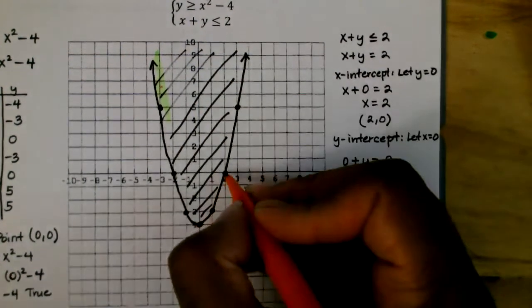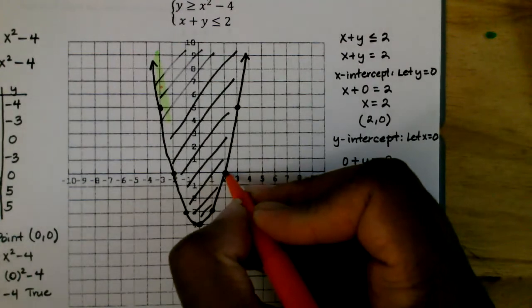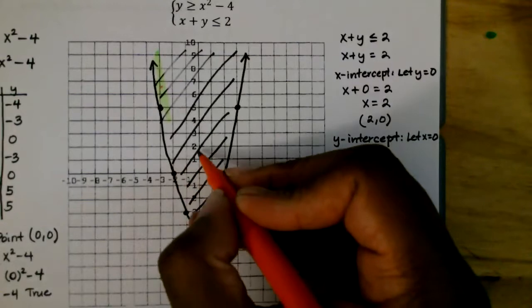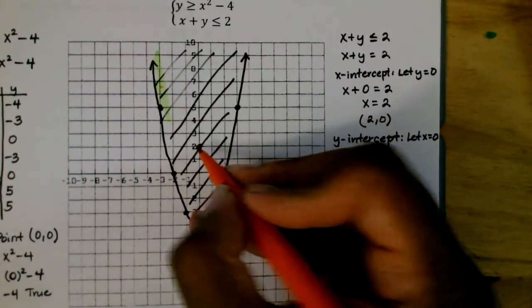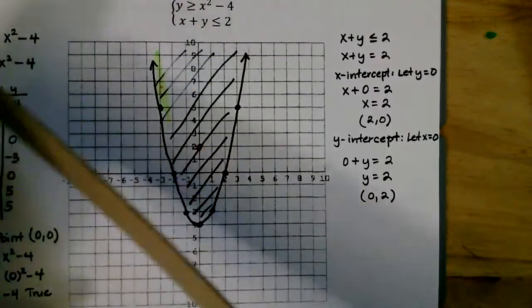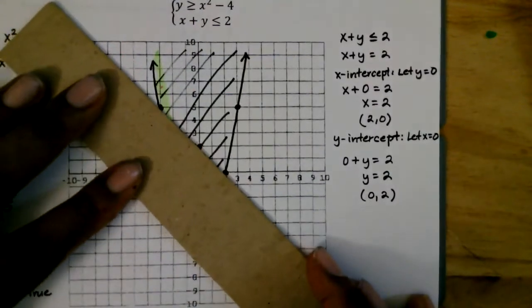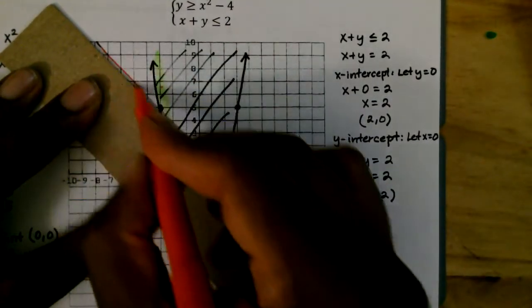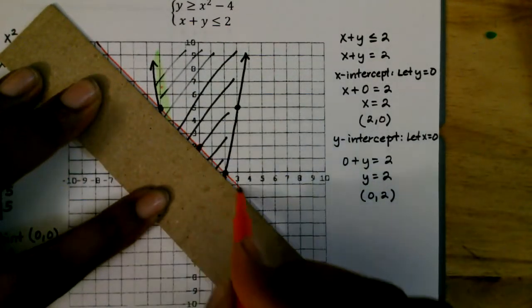I'll plot those. 2, 0 will be right here, to the right 2 on the x-axis. 0, 2 will stay at 0 but go up 2. That would be this point right here. Less than or equal to means that this line will be included, so I will be drawing a solid line.